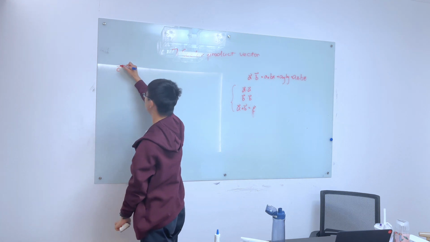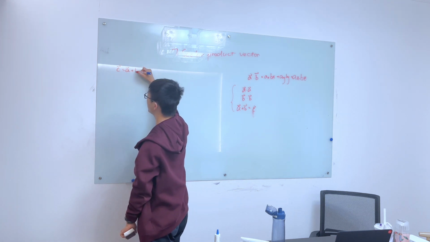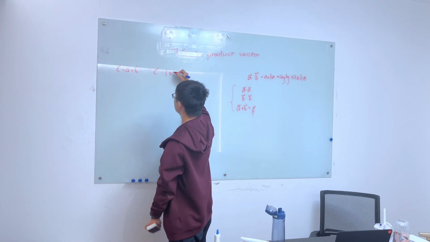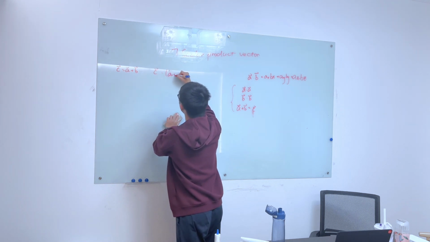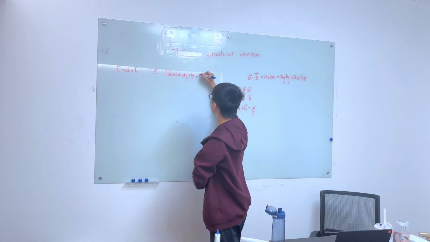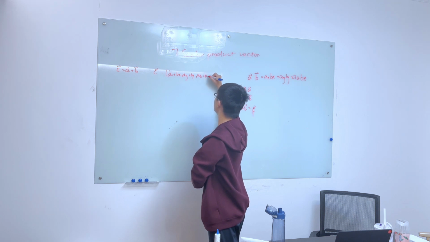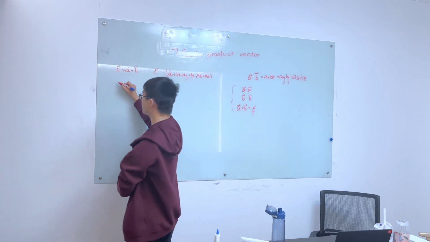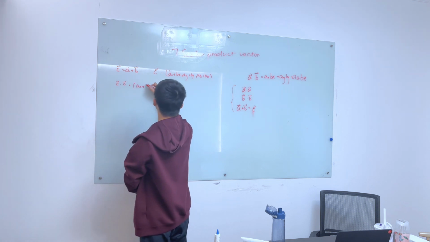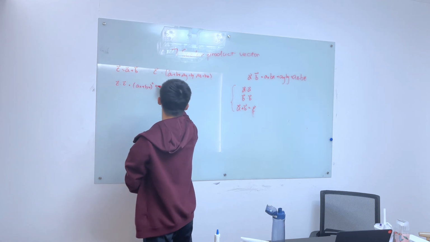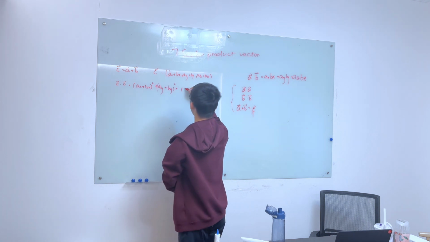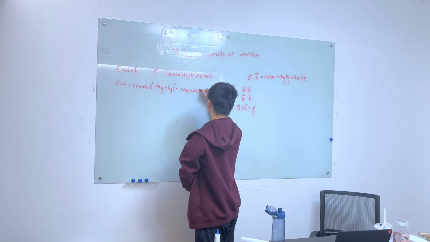So we let vector c be equal to vector a plus vector b, which means that vector c is ax plus bx, ay plus by, az plus bz. And the dot product of vector c and vector c is equal to (ax plus bx) squared plus (ay plus by) squared plus (az plus bz) squared.